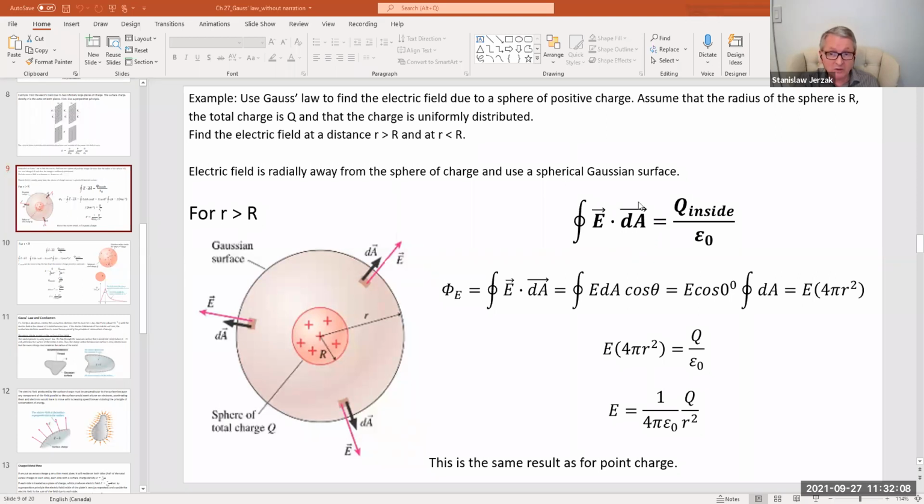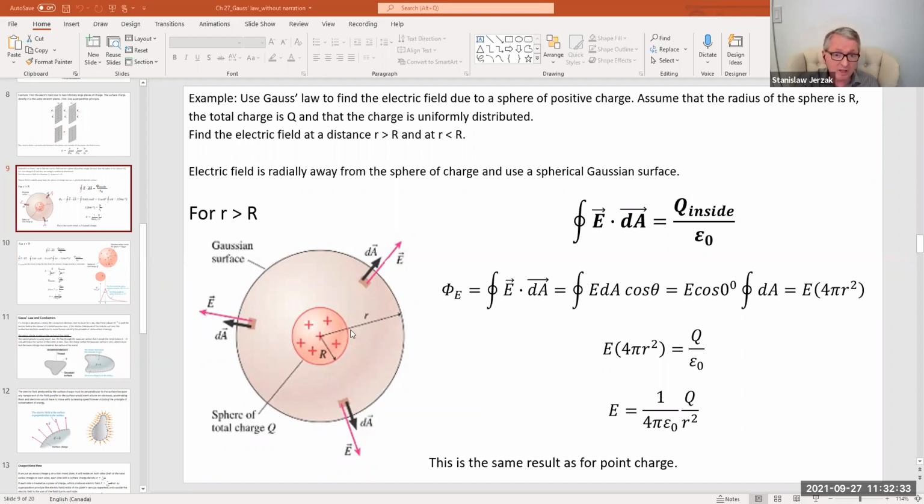So we always have to select a closed surface of a simple shape, so that it is easy to calculate the flux. For complicated surfaces, the magnitude and direction of electric field can change, so the surface integral can be very complicated to calculate.